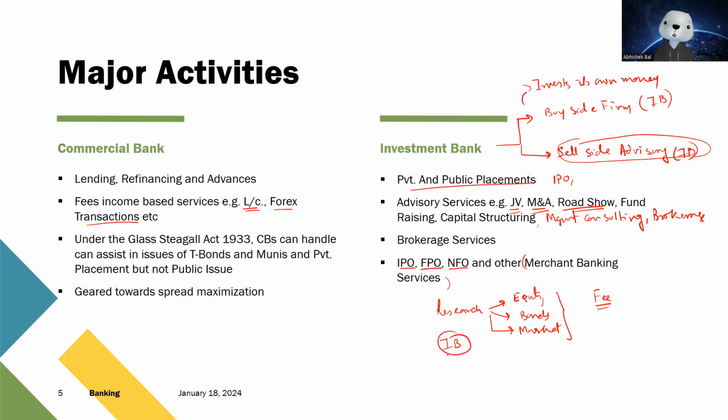Whereas when we talk about the buy-side firm, the buy-side firms are those firms who may consume the reports published by the sell-side advisory, or the buy-side firm could also be one which already has its in-house research department. Those research papers are going to be fully consumed by the firm itself. So the buy-side investment bank does not publish its research to the outside world.